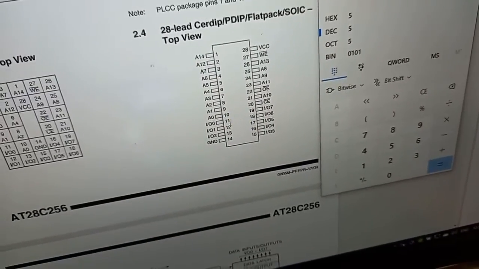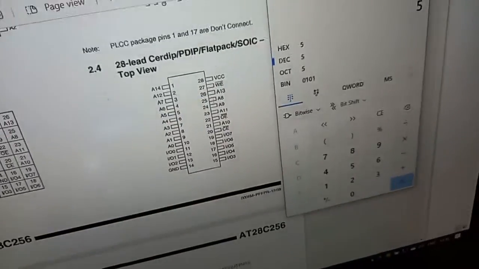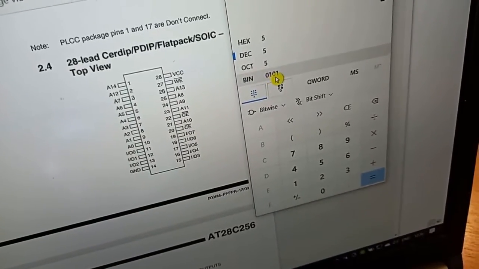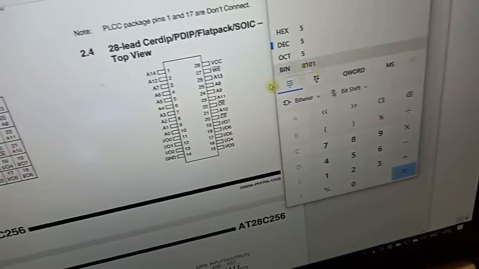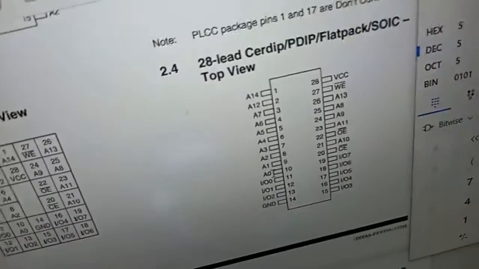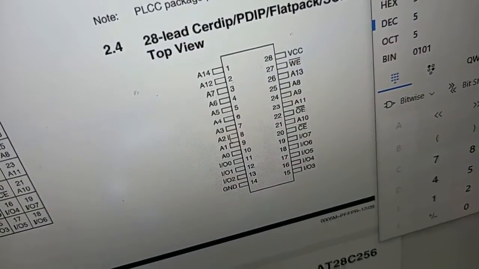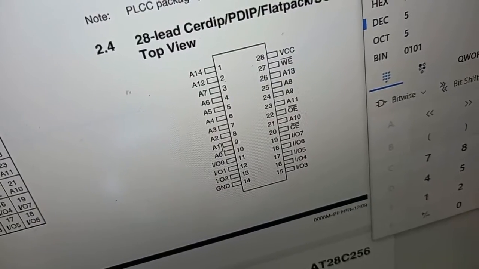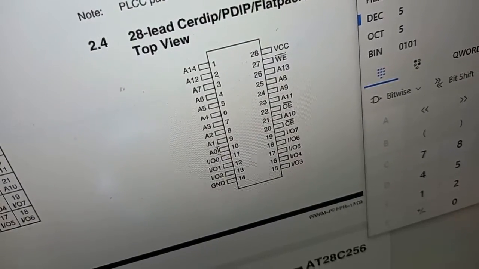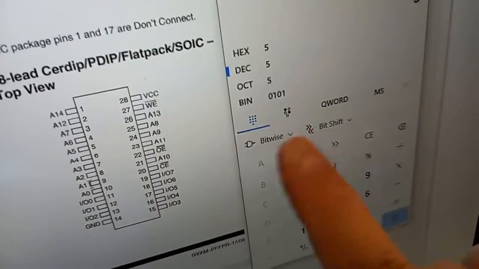Yeah, and the data bus. What about the data bus? If you put some address here, for example, we have 101. That's address 5. If we put 1 to A2 here, this goes 0, and this 1. That's 101, like here. That's address 5.